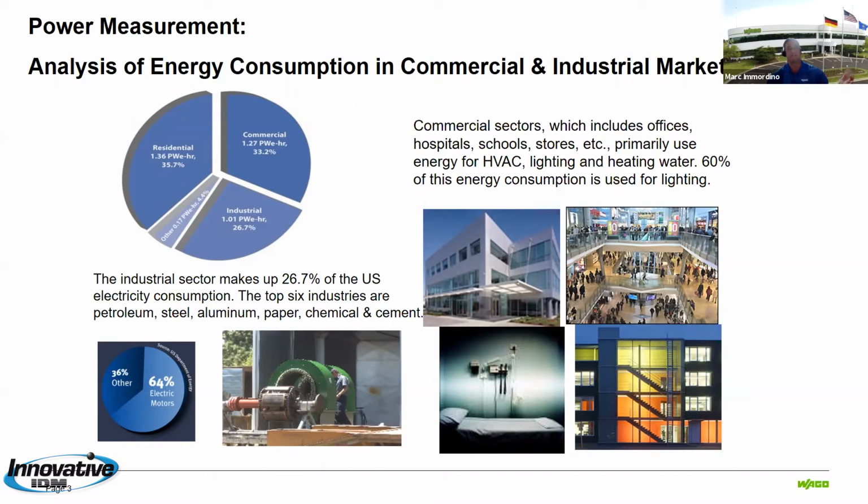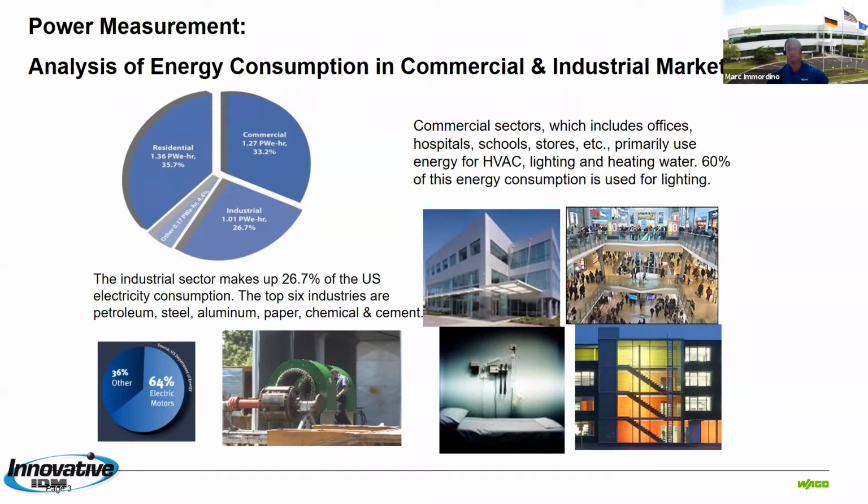And the building sector uses approximately 66% of the electrical energy in the United States. So by using intelligent and accurate measurement and control of HVAC, lighting, and elevators, it makes it possible to significantly reduce the electricity consumption of the building systems themselves.